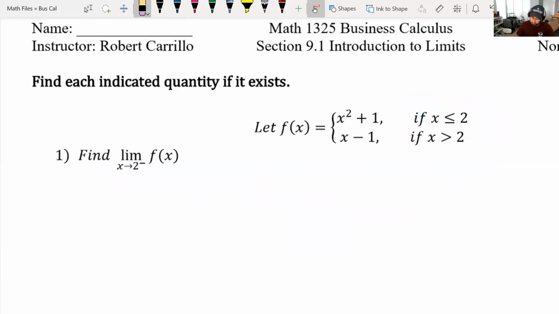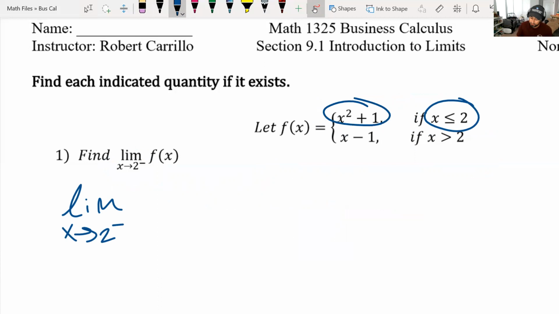Okay, so with that being said, what I write next is the limit as x approaches 2 from the left. Since we are able to use this restriction, or since we match it to this restriction, this means we get to use this function. So that's what I'm going to write with my limit.